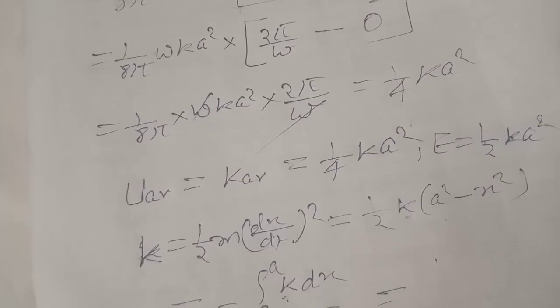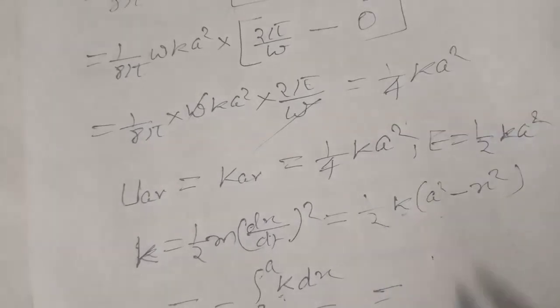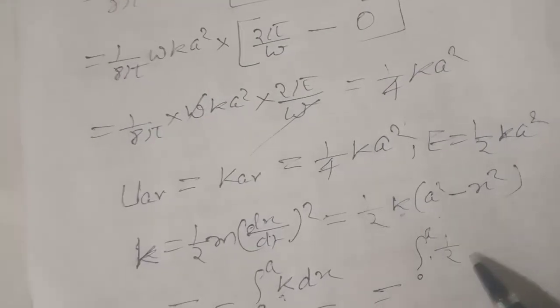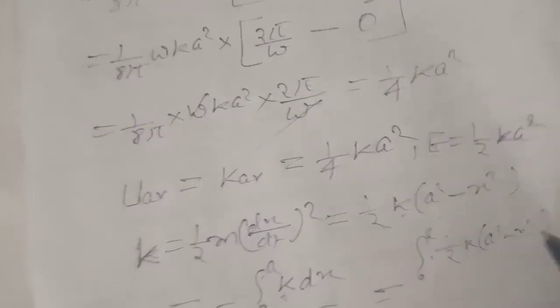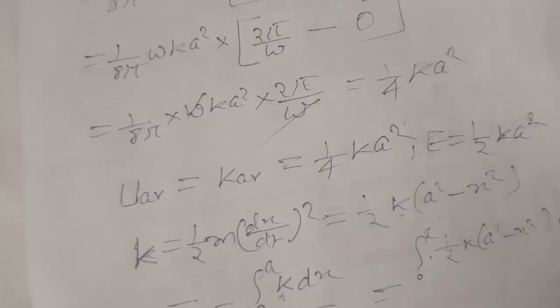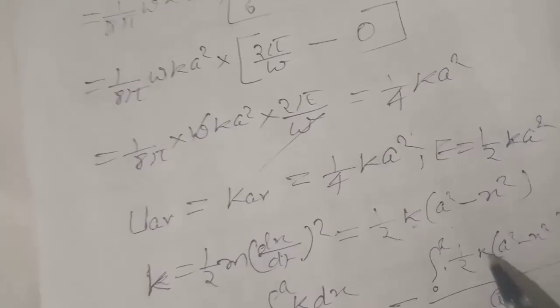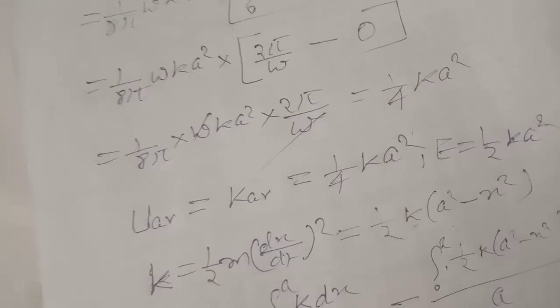So this will be equal to the integration from 0 to a of 1/2 k (a² minus x²) dx, divided by a. Now this is constant, so we can take it outside.